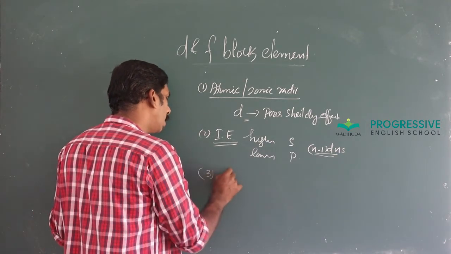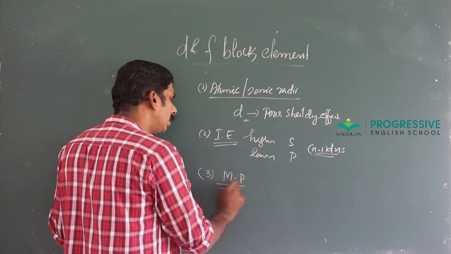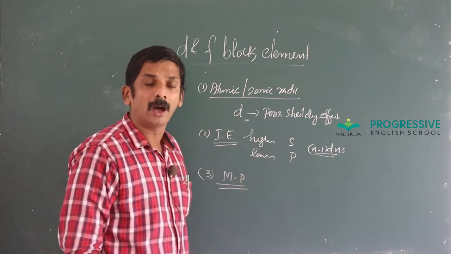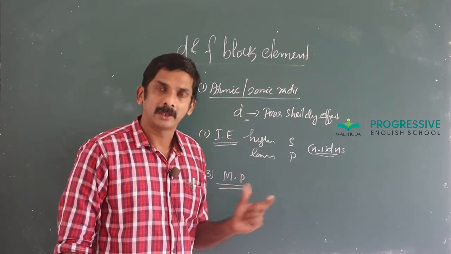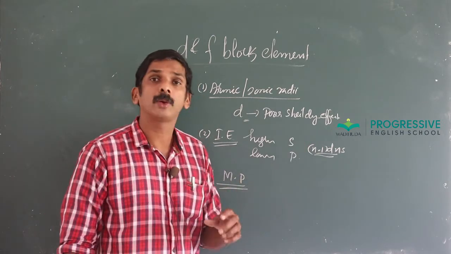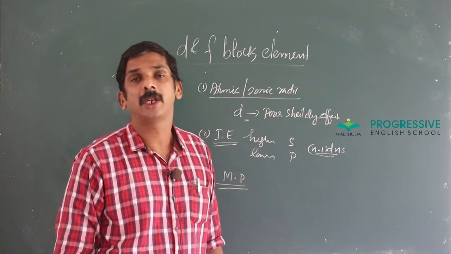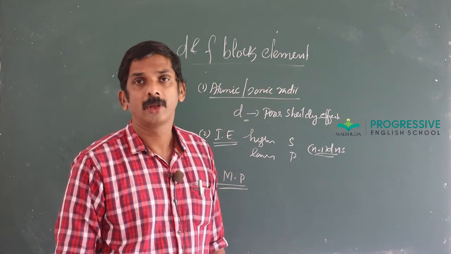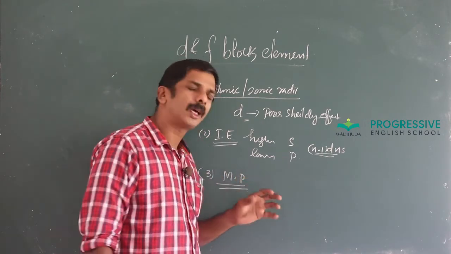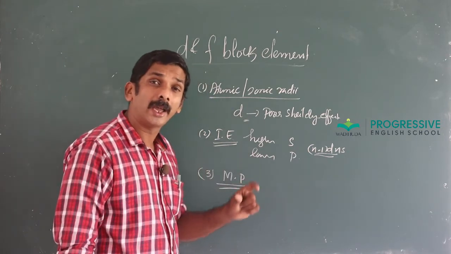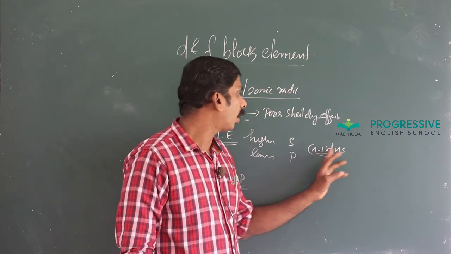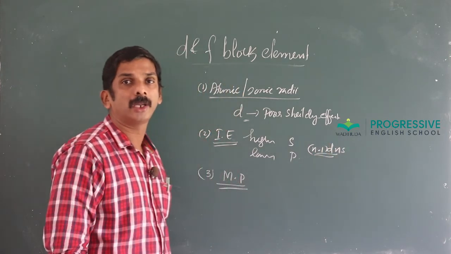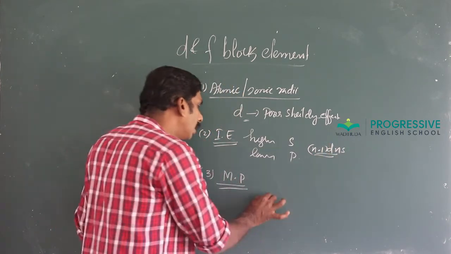And the third one, melting point. Most of the transition metals are hard metals. There is one exception, that is mercury. Mercury is a metal that exists in liquid state at all temperatures. All other metals are hard. They possess high melting points, due to the strong bond between (n-1)d and s electrons.